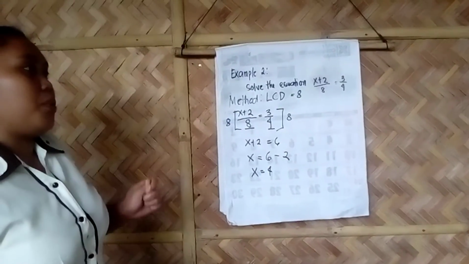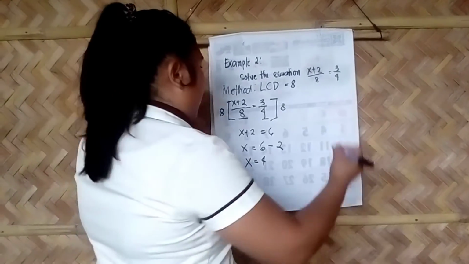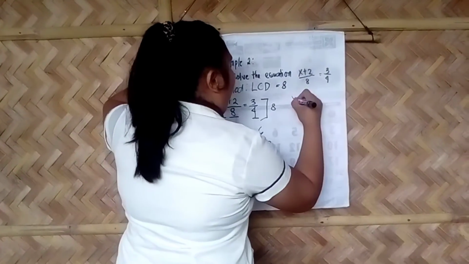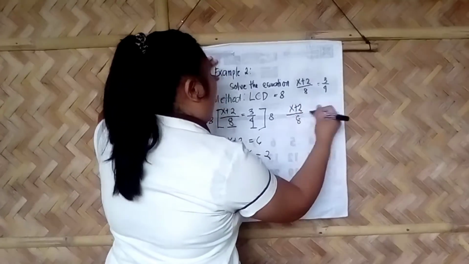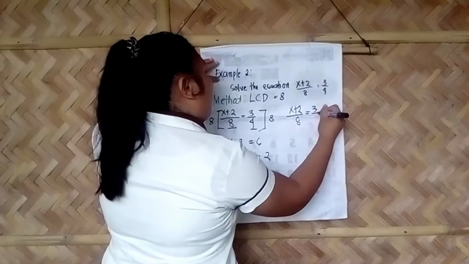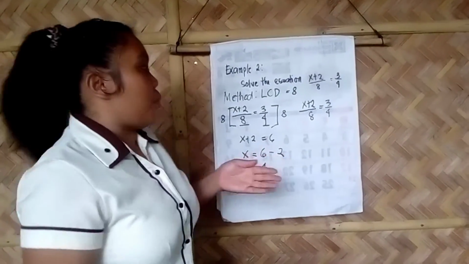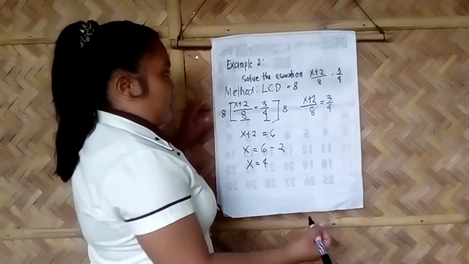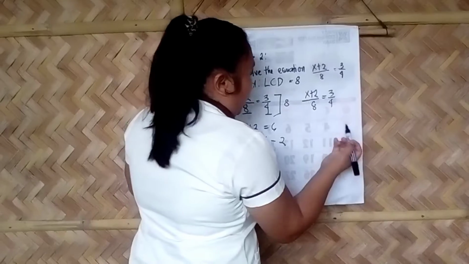The second method, we can solve this through cross multiplication. So what we have here, x plus 2 over 8 equals 3/4. In cross multiplication, from the word cross, we are going to multiply crossing.